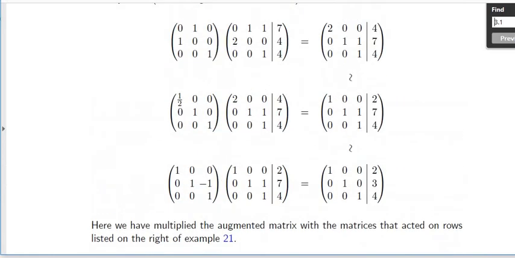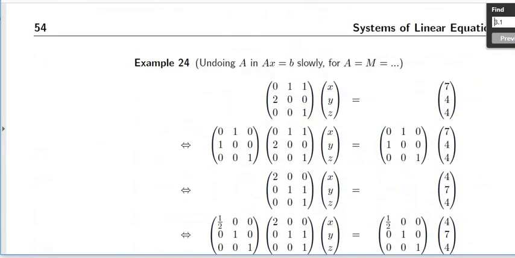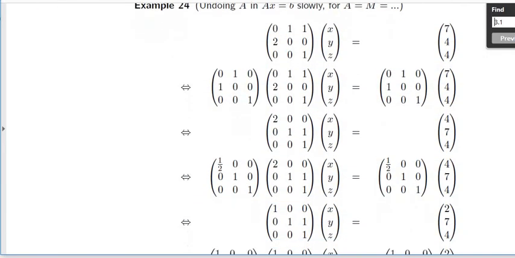We're just looking at this same augmented matrix here. We're just writing the constant vector on the right-hand side, and we're treating this matrix of coefficients as multiplying the variables. So we're just writing the augmented matrix, breaking it out as a matrix vector equation.